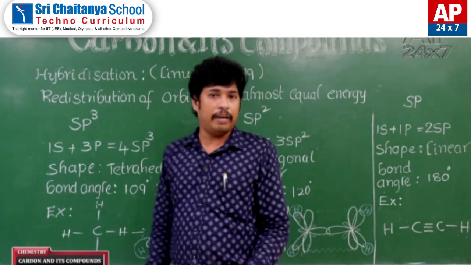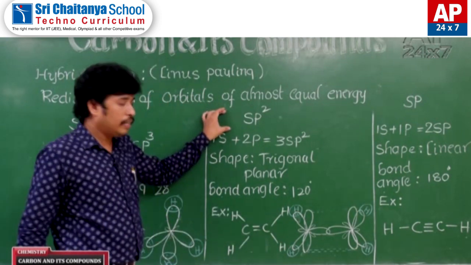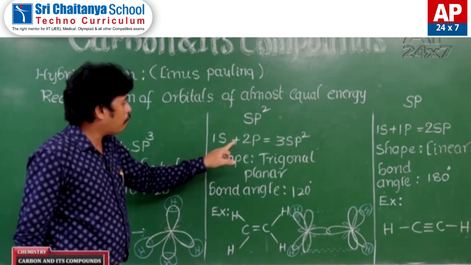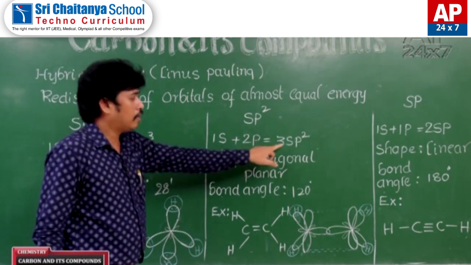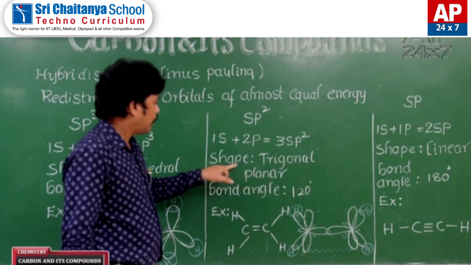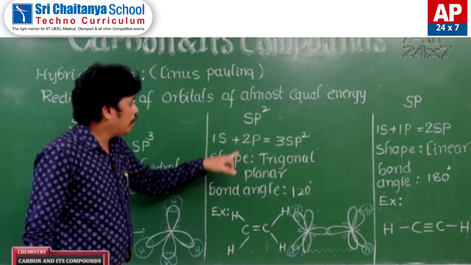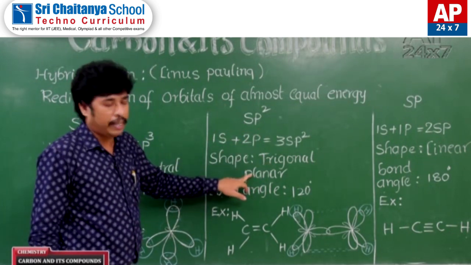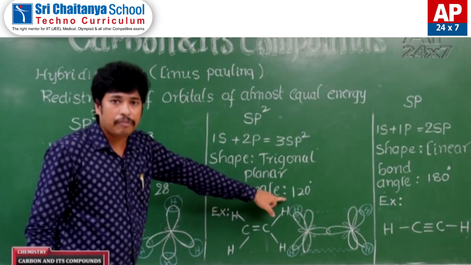In the same way, we know sp2 hybridization also. Here intermixing of 1 s and 2 p orbitals results in the formation of 3 sp2 hybrid orbitals. The shape of the molecule involved in sp2 hybridization is trigonal planar and the bond angle is 120 degrees.